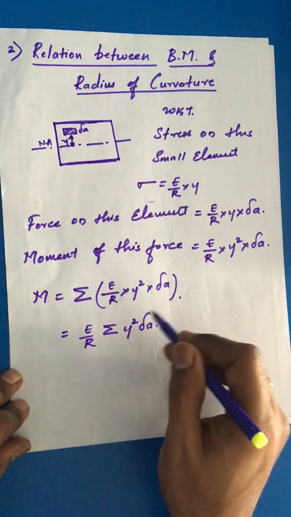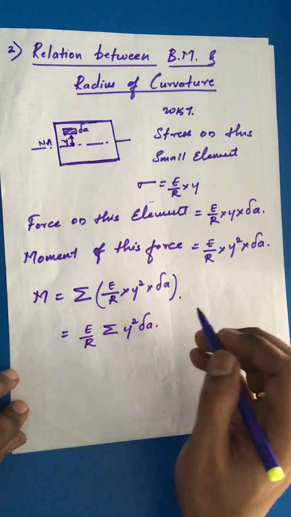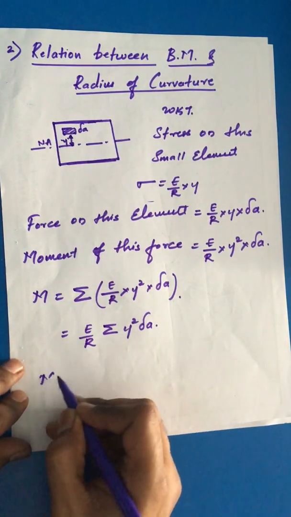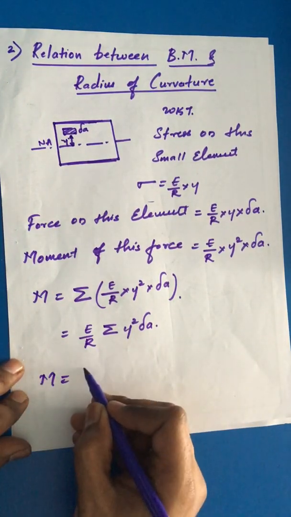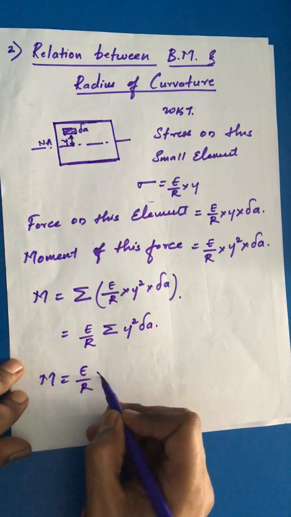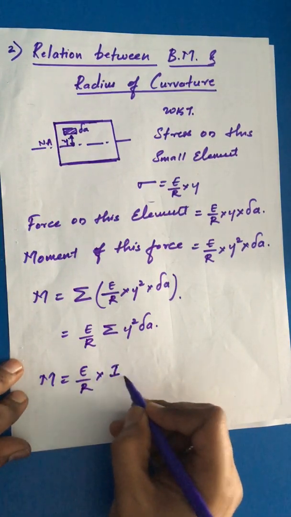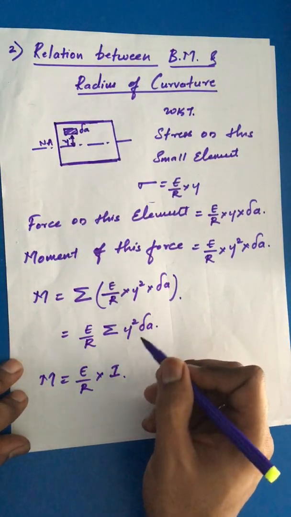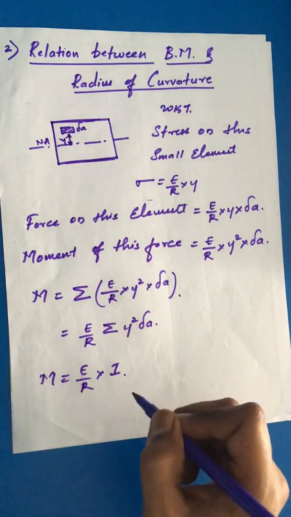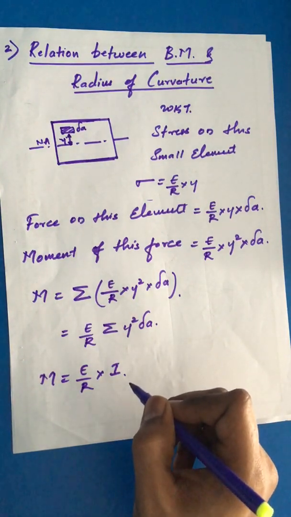So, simply I can write M is equal to E by R into I, because I is the area moment of inertia.